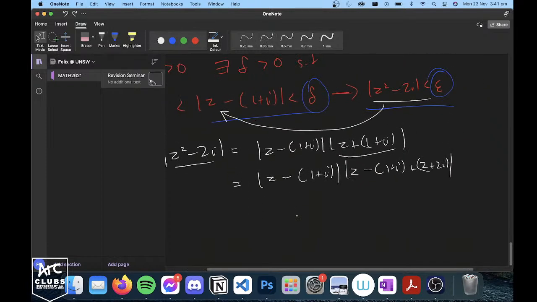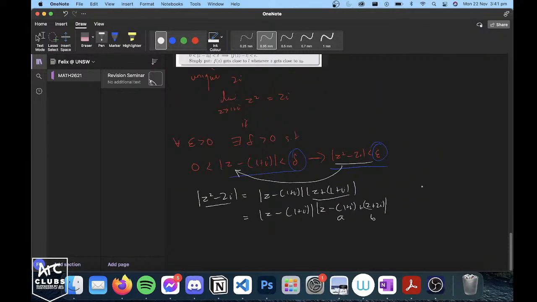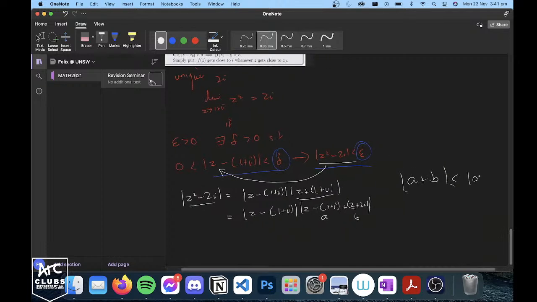I'm just going to let this be A and let this be B, I'll show you why later. So we can express this as A plus B, and because of the triangle inequality, we know that this is less than or equal to the modulus of A plus the modulus of B. This is another instance where the triangle inequality or any inequalities are definitely useful, especially when you have a modulus.